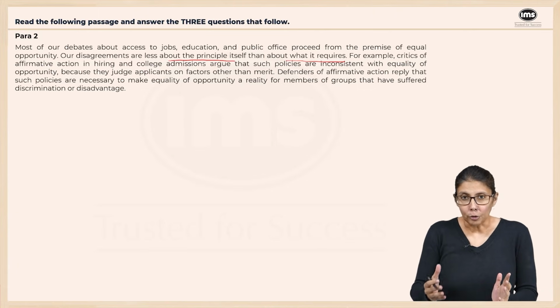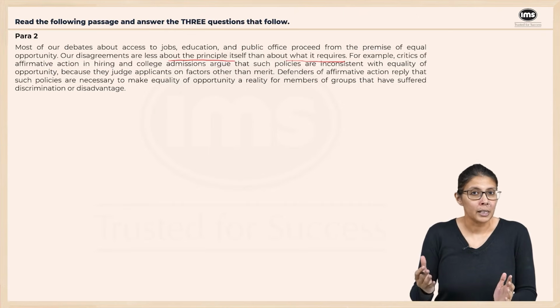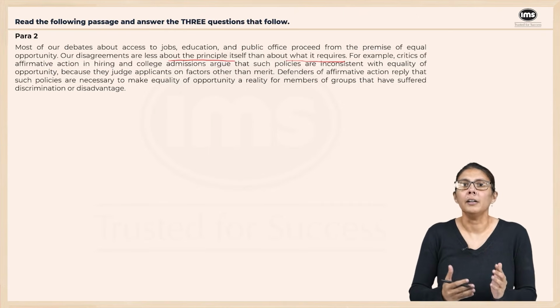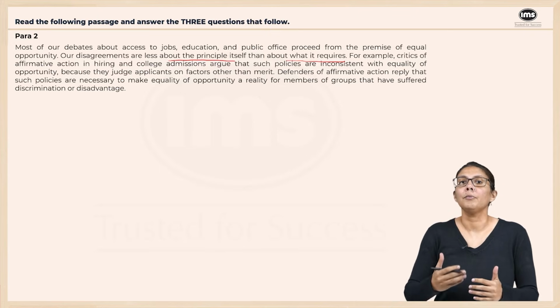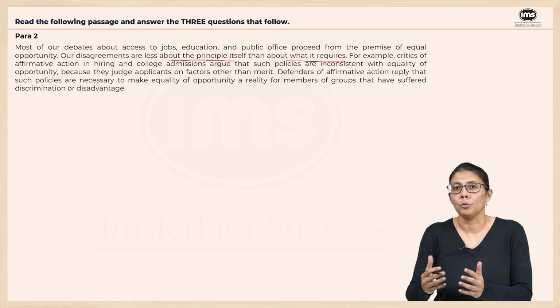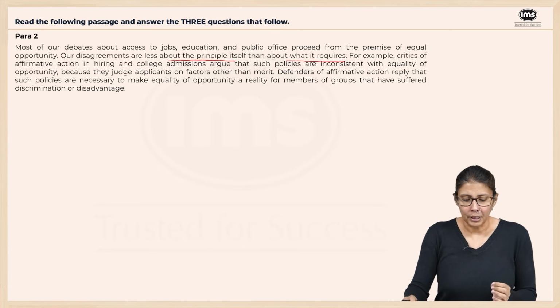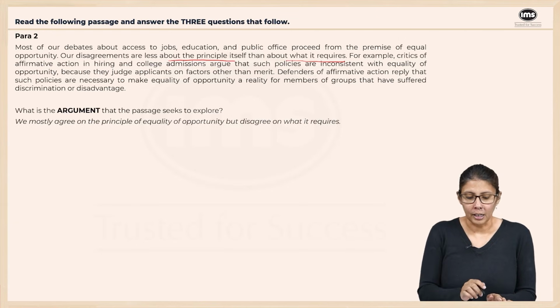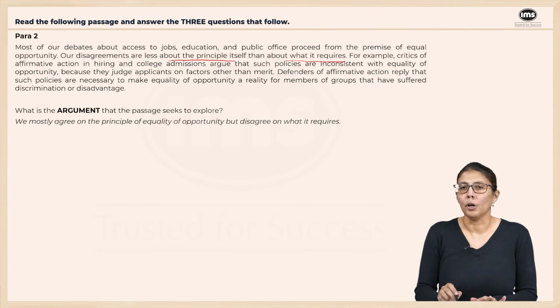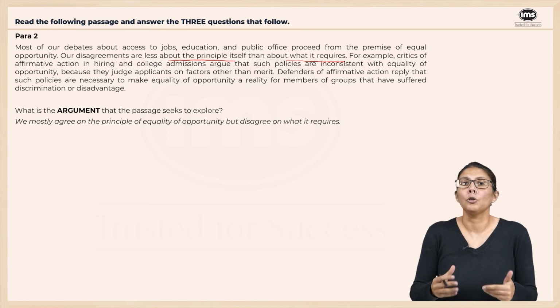It does not take into account that it's not actually a level playing field. So in order to make it a level playing field, we need to ensure that we give certain extra advantages to the disadvantaged groups. So in this paragraph, we are basically trying to say that we agree on the principle of equality of opportunity, but we disagree on how to ensure it or how to bring it about.